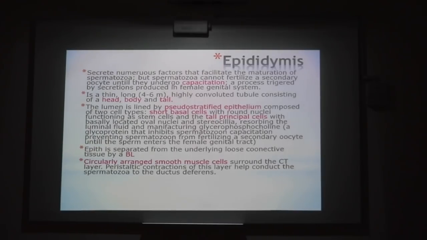The basal lamina is separated by connective tissue, and outer to the connective tissue there are smooth muscle fibers. In the head there is one layer of smooth muscle fibers, and as you go towards the tail, you have multiple layers, similar to the vas deferens.